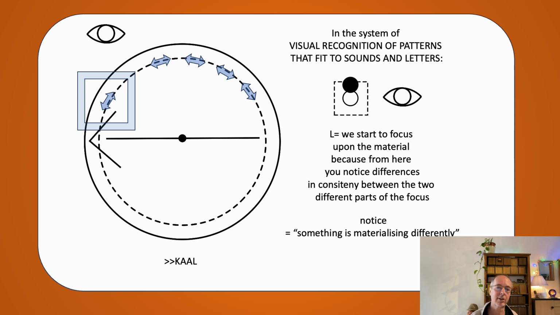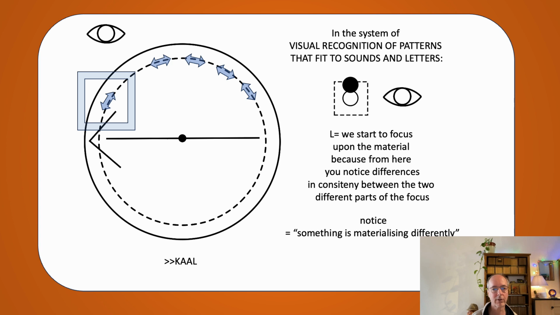This is the stage when we start to focus upon the material, where we notice that there is no longer consistency between these two differences. It seems as if these are two different elements. The elements have different features.